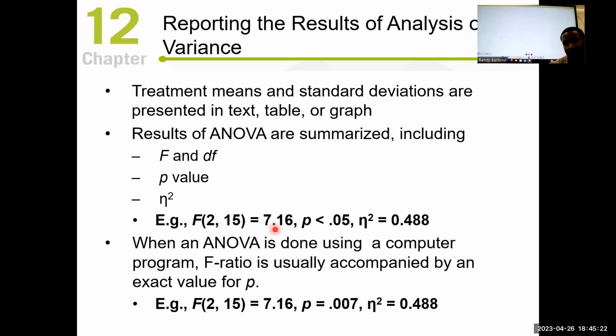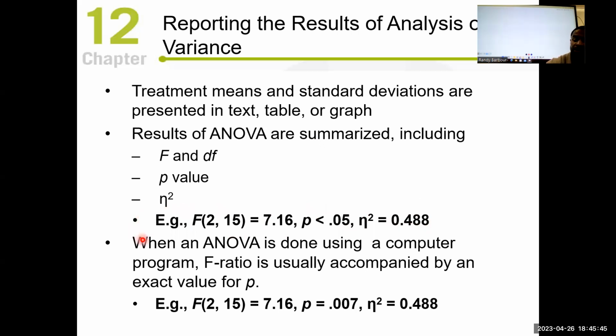This is the F value that you calculated. P less than 0.05, because we know that the probability is less than that. What that means is we reject the null hypothesis. And then we got an eta squared effect size of 0.488, right?